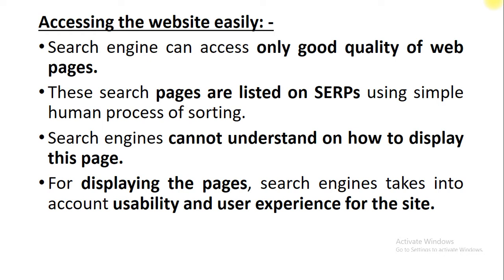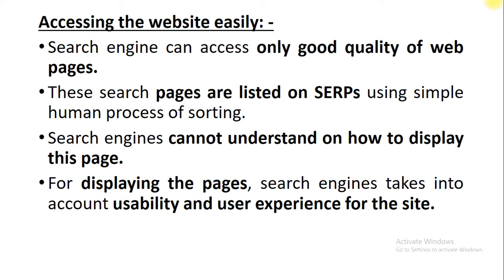But see, this is a crawler. The crawler means what? It is a software program, so naturally it behaves based on whatever programming you have applied in the crawler. So the crawler cannot apply experience like users, right? So that is the limitation of the crawler only.